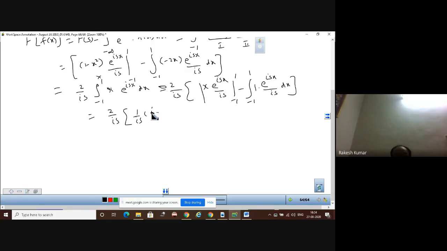And when you substitute minus 1 here, you will get minus, this minus will be there, and 1 minus will be from the lower limit after substitution. So that comes out to be plus e raised to power minus iota s, over minus iota s.